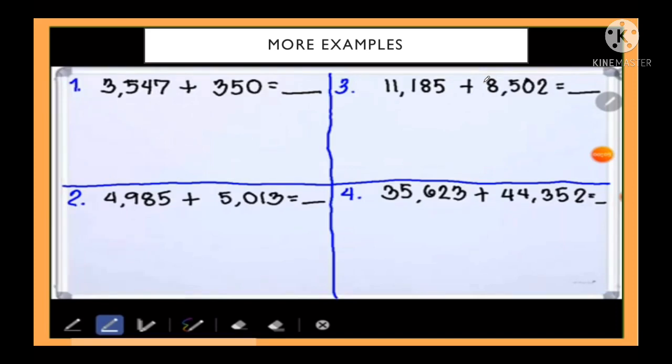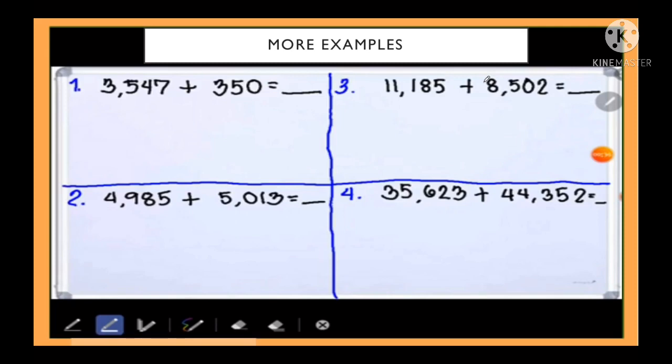Alright, so I have here 4 items. We have number 1, 2, 3, and 4. So, all of these we will use our knowledge about adding without regrouping. Alright? So, I will first discuss why this one is called without regrouping.